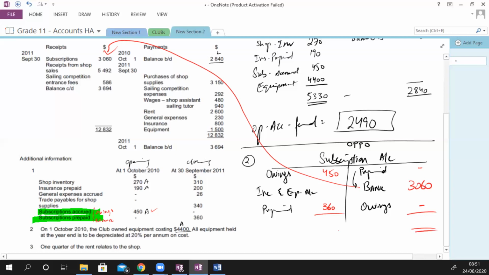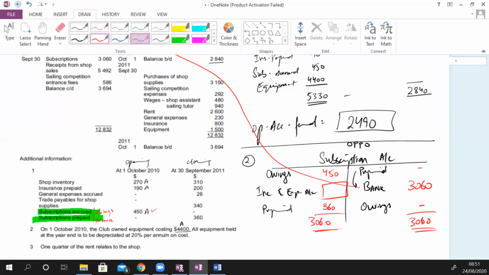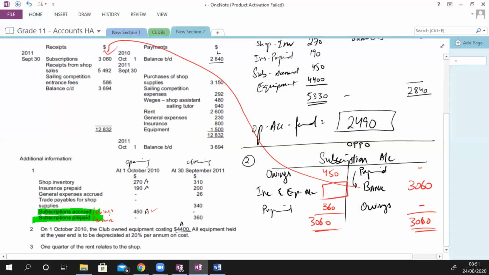The charge to income statement will be 3060. इसी 3060 को यहाँ रख के इसमें से माइनस करूंगा, तो I'll have these missing values. 3060 minus 810, so 2250 will be subscription income.